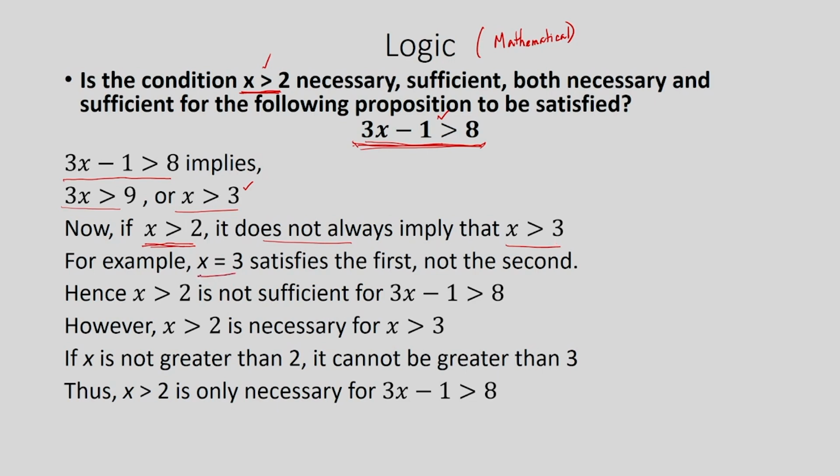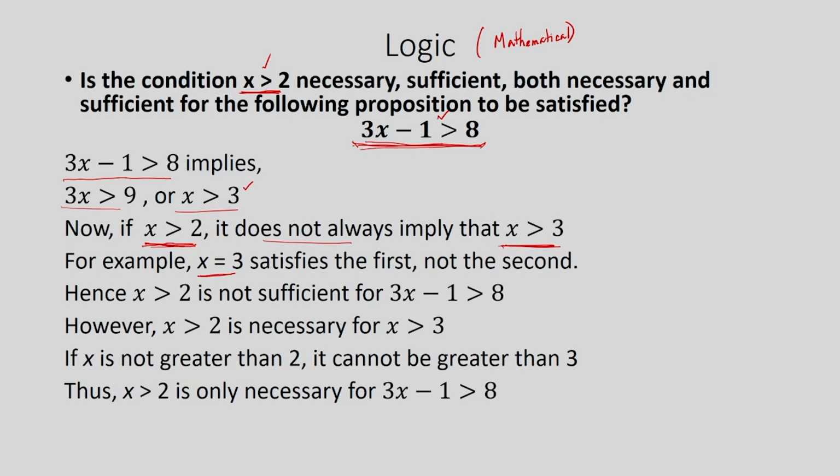Okay. And here is an example. Suppose x is equal to 3, right. If x is equal to 3, then this condition is satisfied because 3 is greater than 2, but x is equal to 3 will not satisfy this proposition. The proposition is saying x is strictly greater than 3, 3 is not greater than 3, right. So, here this is an example where the condition is satisfied, but the proposition is not. And there are obviously infinite number of such examples where the x is such that the condition is satisfied, but the proposition is not being satisfied.